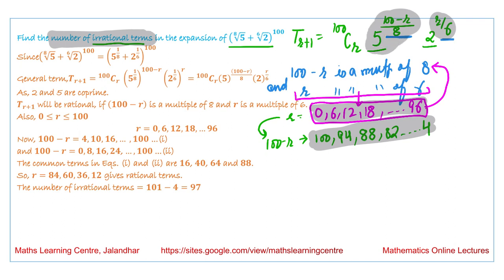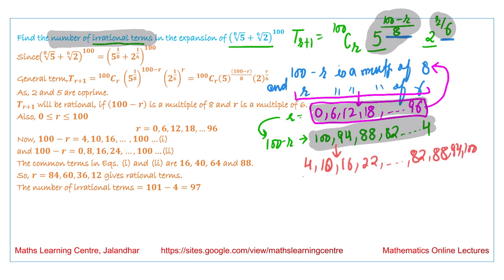If I write these terms in this way, it is 4, then 10, then 16, then 22, so on up to 82, 88, 94 and 100.